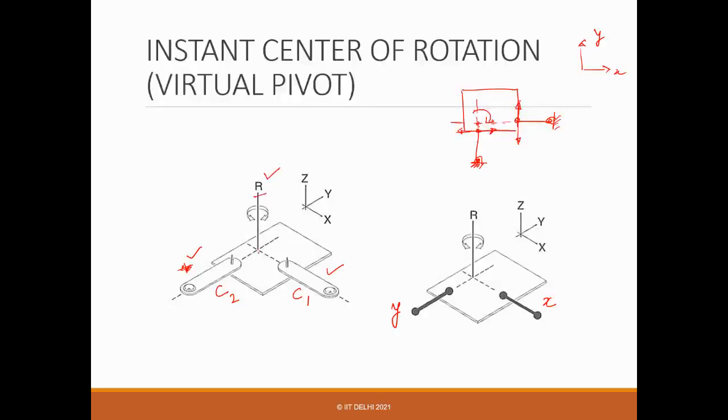This R is at the intersection, wherever it's intersecting. That's why we call it instantaneous rotation, or a virtual point. So there is no rotation point there, but still it can rotate at that point.